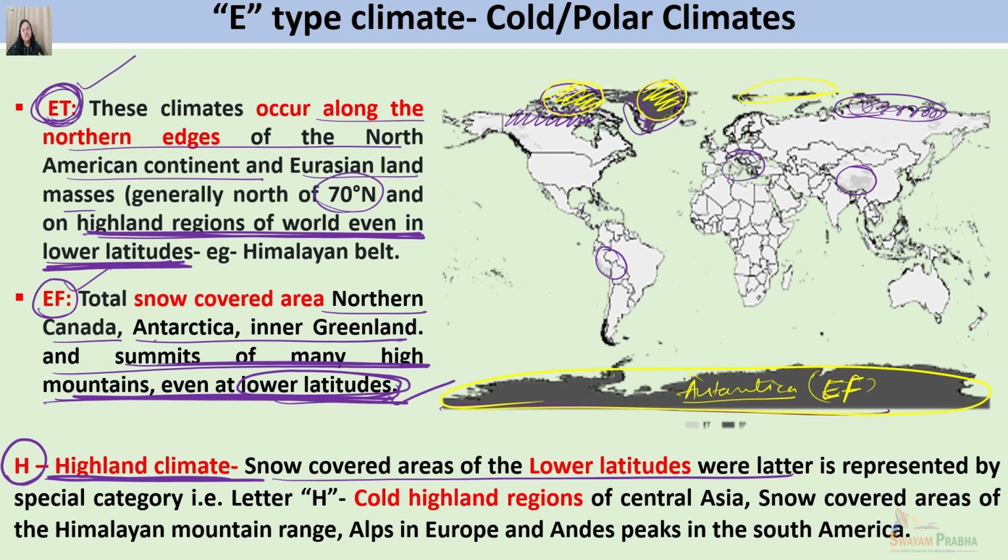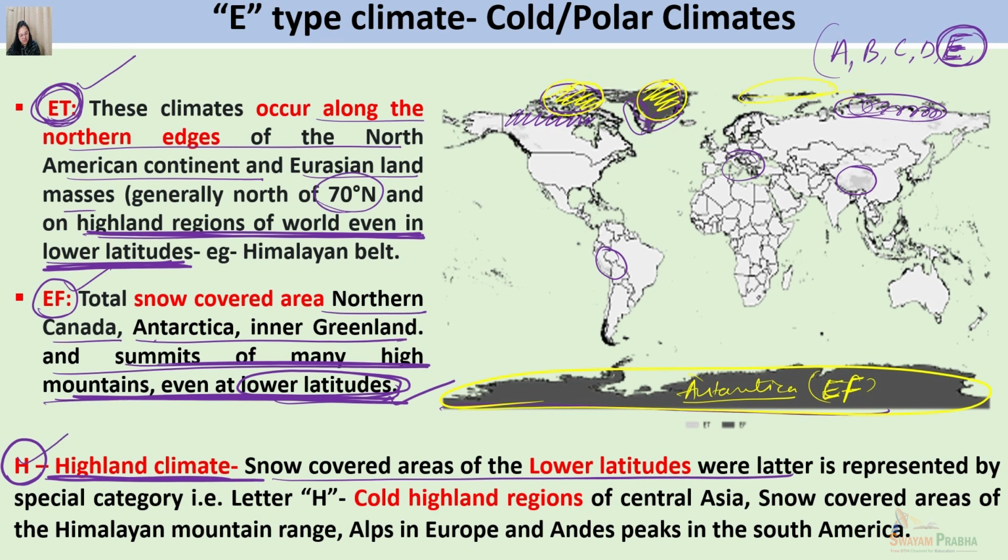So in the initial original scheme of Koppen, you only had A, B, C, D and E type of climate. And E type of climate essentially demarcated the cold climate without distinguishing the cold climate of the polar areas and the cold highland type of climate of the lower latitudes.